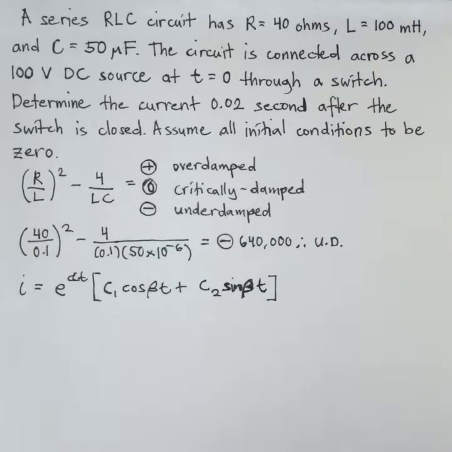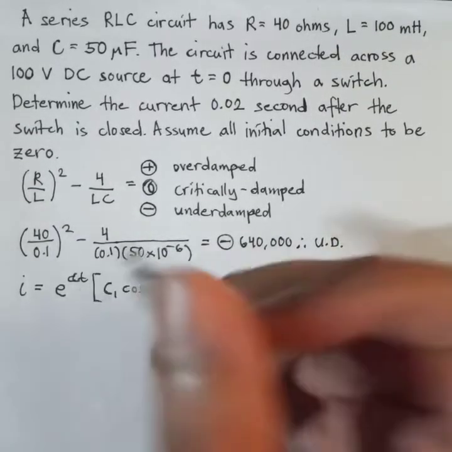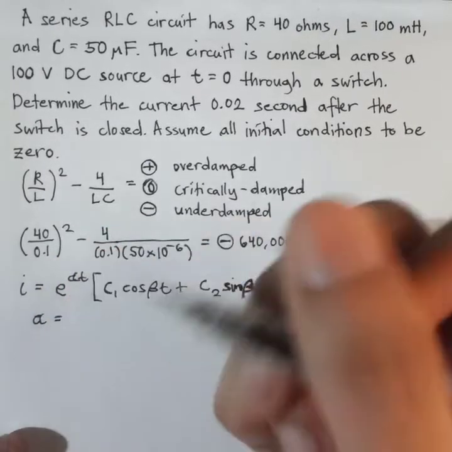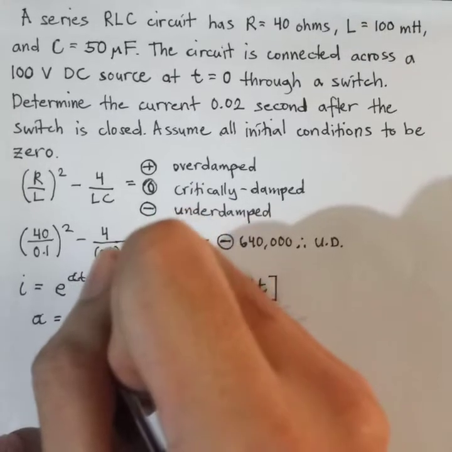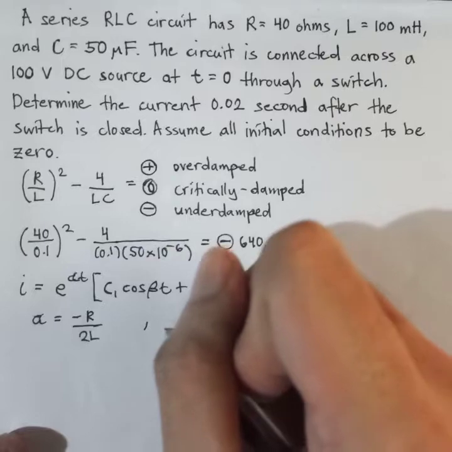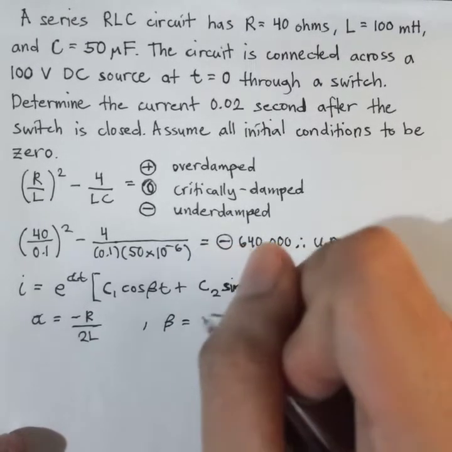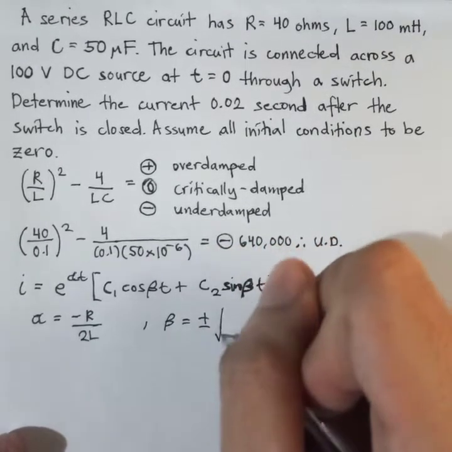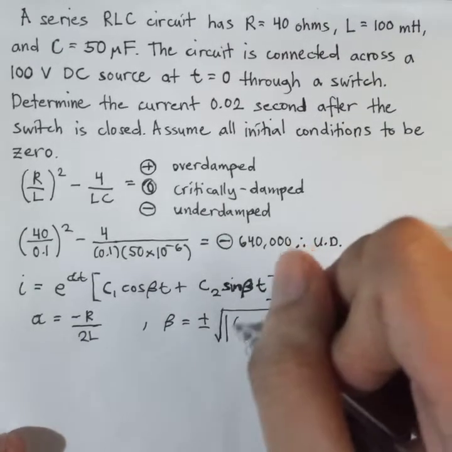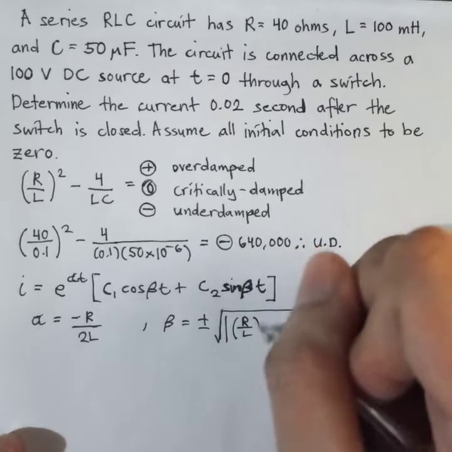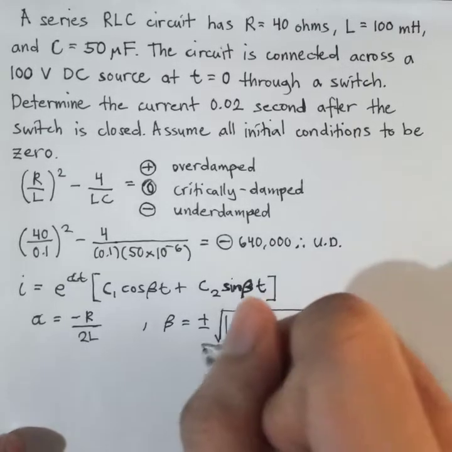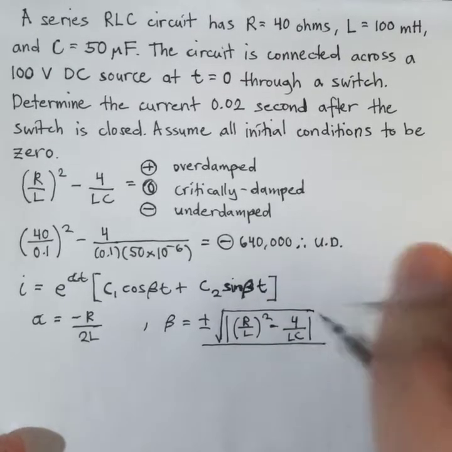Solving for the solutions of the auxiliary equation, which are alpha, the real part, which is equal to negative R over 2L, and the imaginary part beta, that is equal to positive or negative square root of the absolute value of (R over L) squared minus 4 over LC, over 2.